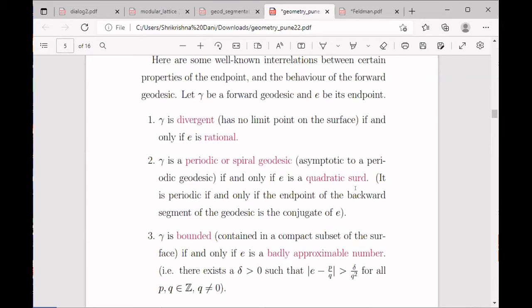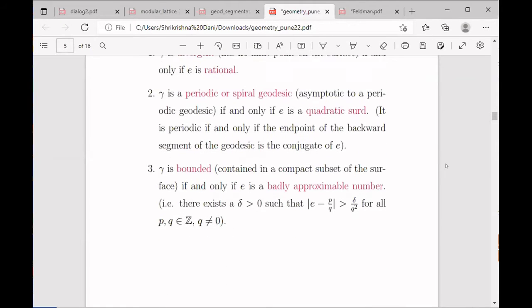That is a more number theoretic, simple computational aspect of the algebraic checking. Now, the third property that I want to focus on is that gamma is bounded, that is, contained in a compact subset, if and only if E is a badly approximable number.